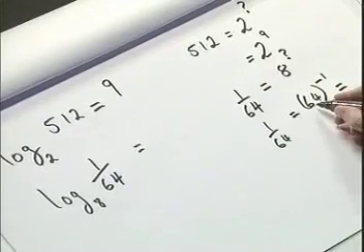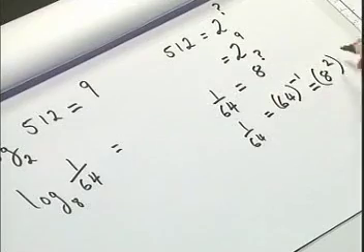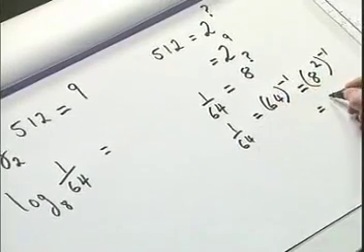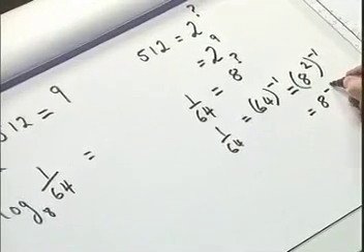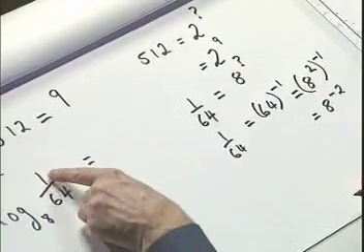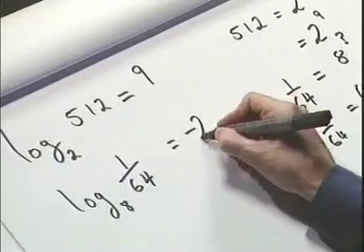We also know that 64 is 8 squared, 8 times by 8, and so that tells us that 1 over 64 is 8 to the minus 2. And so the logarithm of 1 over 64 to base 8 is minus 2.